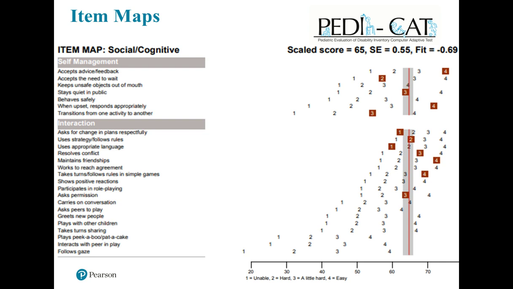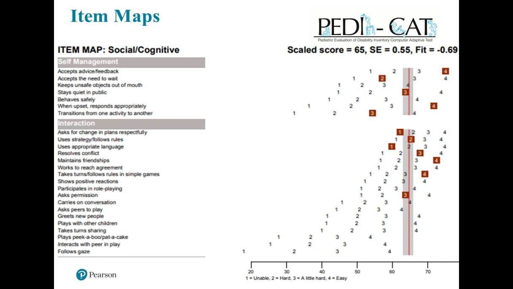Okay, the item maps represent the location of item ratings along a continuum of difficulty measured in the specific domain. So in this case, we're looking at the social cognitive domain. The numbers in red are those items that were actually endorsed. Again, since this is a CAT measure, not all of the items are going to be included in the administration.